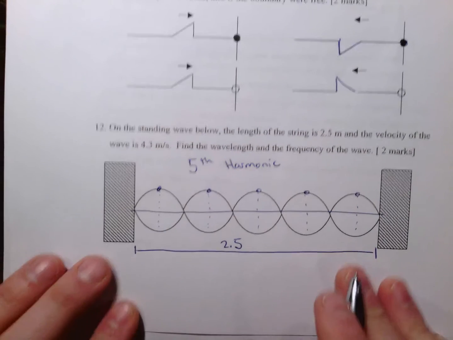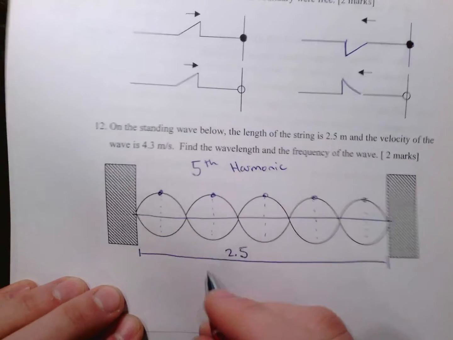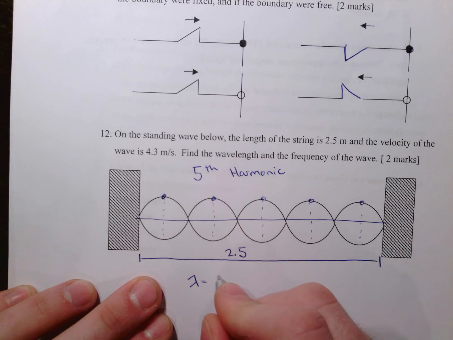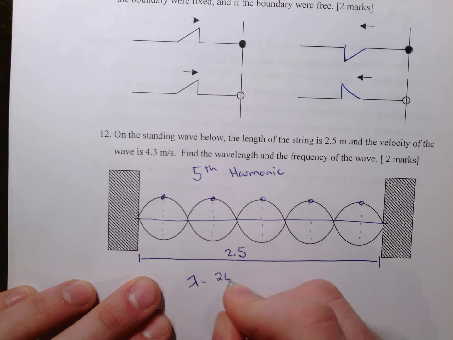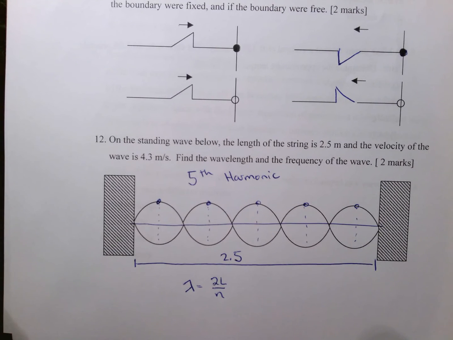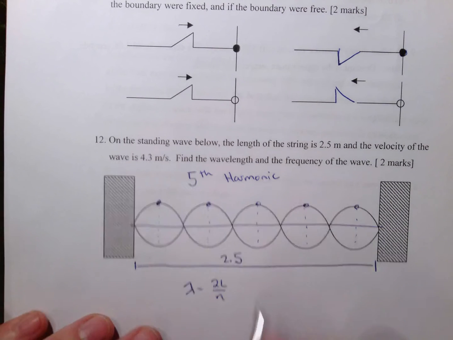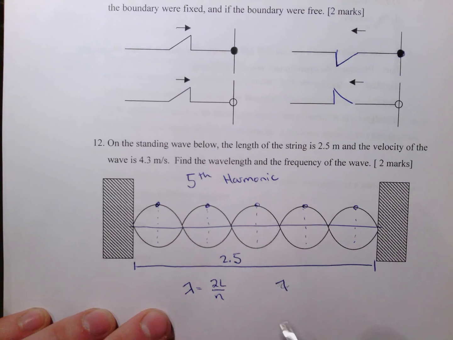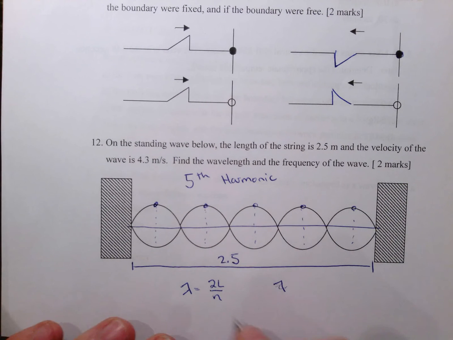So knowing that, and that our equation for a standing wave is that the wavelength is equal to 2L over n, we can rearrange to solve for wavelength. Sorry, we don't need to solve. It's already the way it's supposed to be.